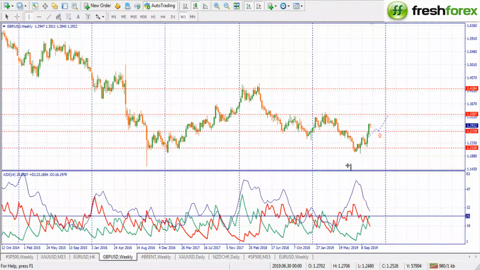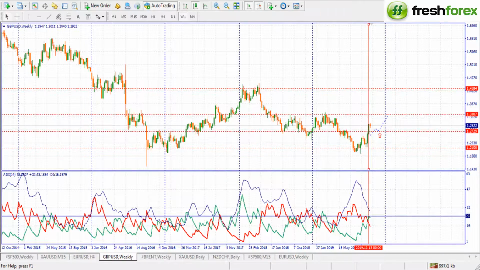See that the green line, which actually shows the trend, is above the red one, and the main line is also above 25, which means we are currently in an active uptrend. And so we expect price to proceed even higher.